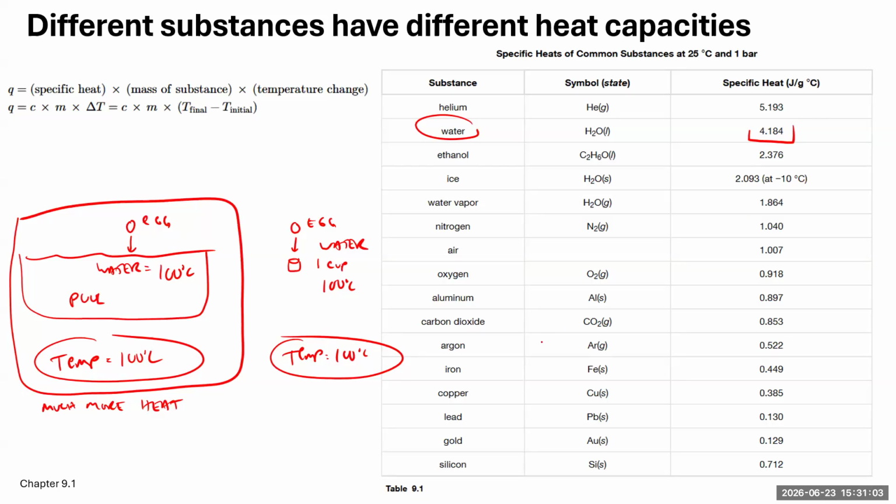Look at something with a lot less heat capacity. So let's look at gold. It's a very low heat capacity. So if I had 1 kilogram of gold and 1 kilogram of water, right? Water is going to hold much more heat, right? And it also means it loses that heat kind of slower, right?